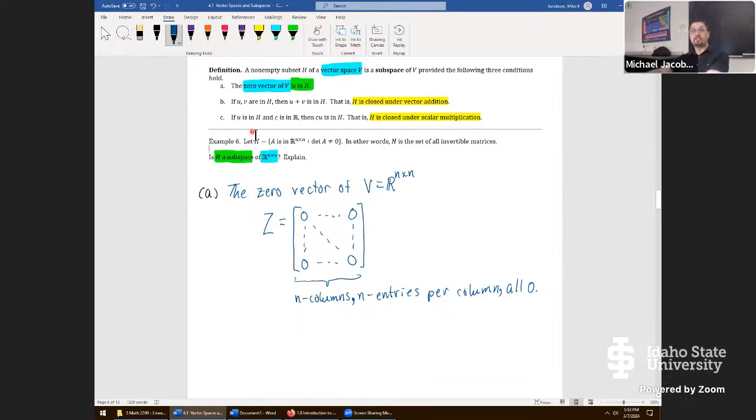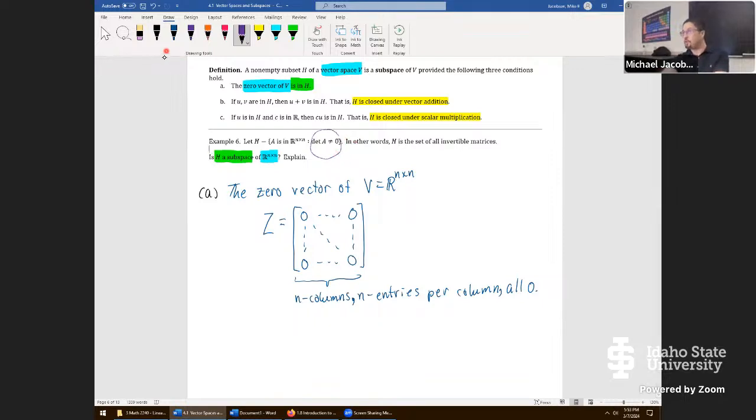We have to show it's inside H, but that means we're also using set theory at the same time. How do you get inside H is always a question you should ask yourself. H is a set of all square matrices A of size n by n, such that the determinant of that is not zero. That's how you get in. So if the zero vector is really inside Rn by n, we have to show that a determinant of it is non-zero.